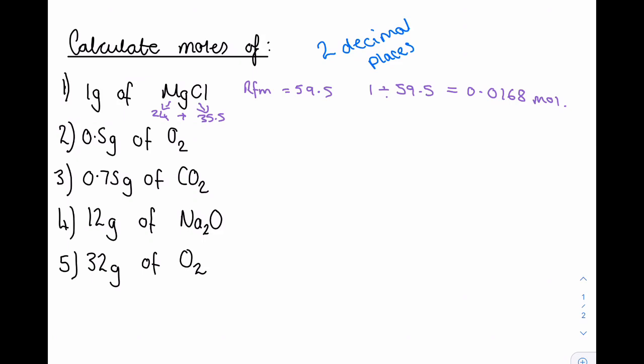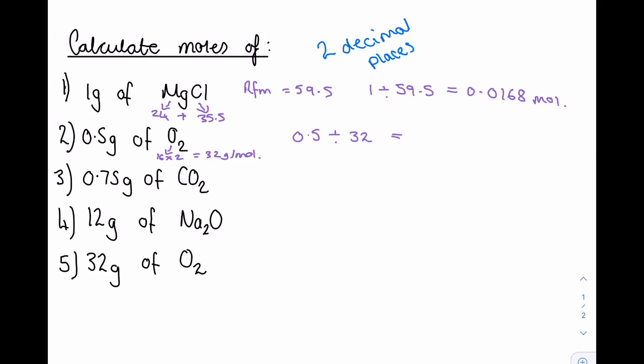Have a go at the next one. O2. Well, the big number for O is 16, so it'd be 16 times 2, which would give us 32. And that's grams per mole when we're talking about relative formula mass. Now we know the relative formula mass, you simply put it into the equation, which is mass divided by relative formula mass. So it would be 0.5 divided by the relative formula mass, which is 32.